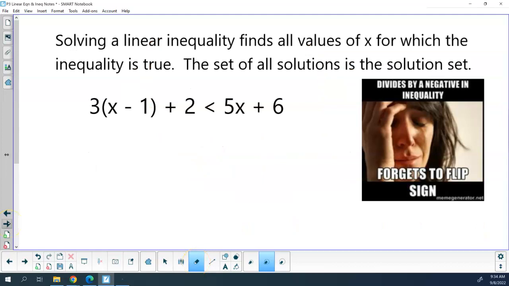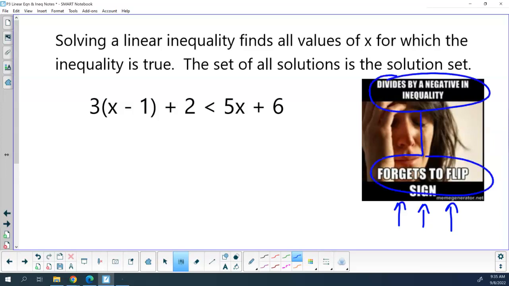So, linear inequalities now. All of your rules are the same, except you got this one over here. If I multiply or divide by a negative, you've got to flip the sign. Okay? When you multiply or divide by a negative, don't forget to flip the sign. Okay? But otherwise, everything else stays the same. I'm still going to distribute.